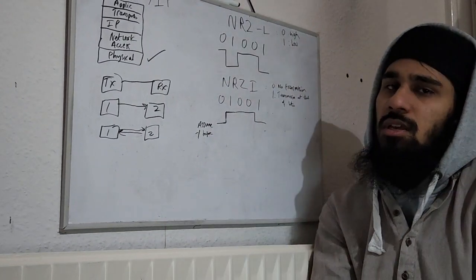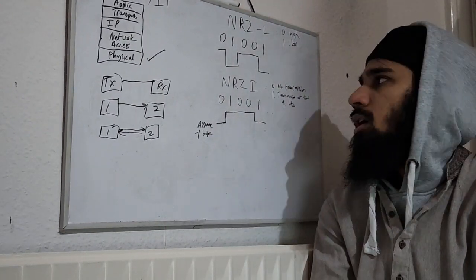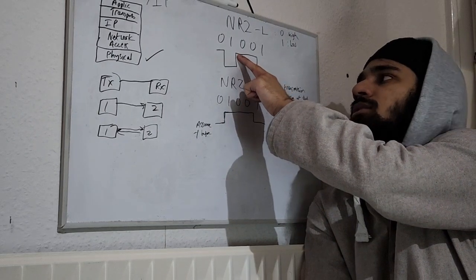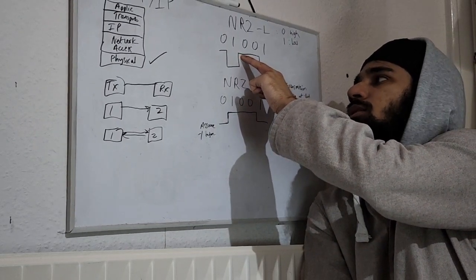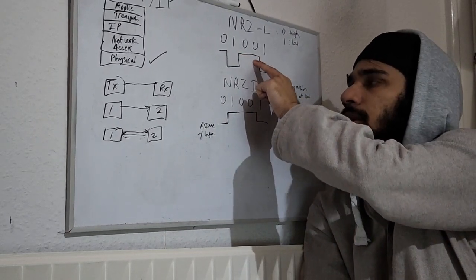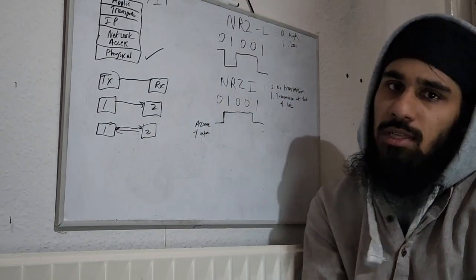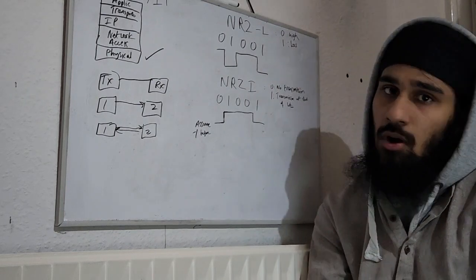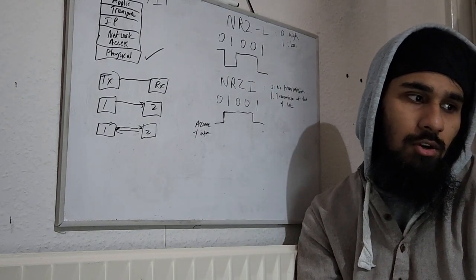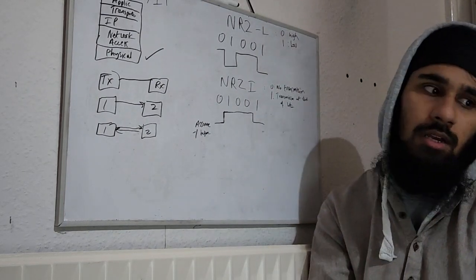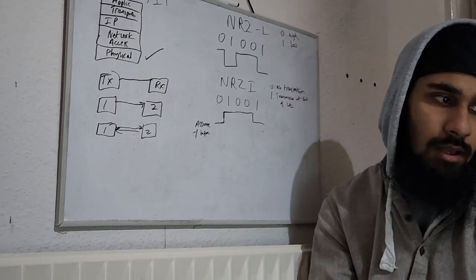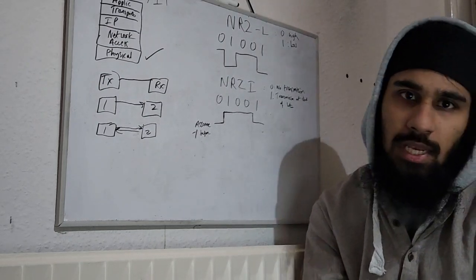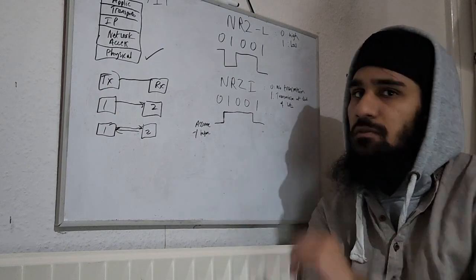So continuous is not good, because sometimes because it's continuous, there might be noise and it might just go down and then up, and then what can happen is that you don't know. Staying at continuous is hard. So if there's problem with synchronization, it's hard to determine the beginning and end of bits.